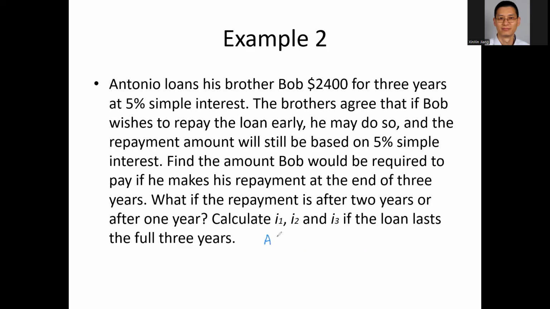So in 2 years, 2,400 times 1 plus R, which is 0.05, times 2, is 2400 times 1.1.